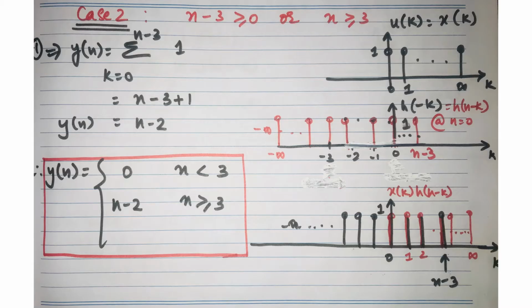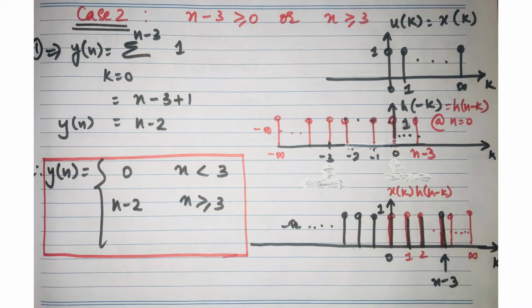Next we'll see for the second case, n minus 3 greater than or equal to 0, or I can say n greater than or equal to 3. So again in this case, since n minus 3 is greater than or equal to 0, we need to move h of n minus k towards right, and that shift should be greater than or equal to 0. Then you need to multiply x of k and h of n minus k.